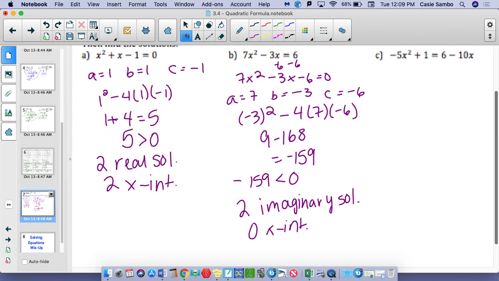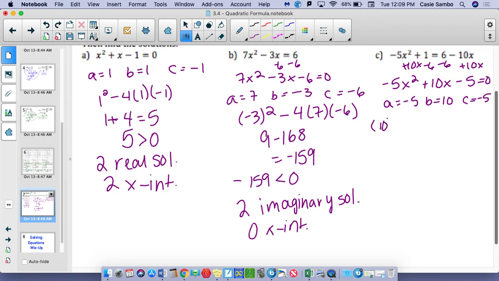Lastly, again, it has to equal 0, so let's move that 6 and move that 10x. So we have negative 5x squared plus 10x minus 5 equals 0. A equals negative 5, B equals 10, C equals negative 5. And then we have b squared minus 4ac.